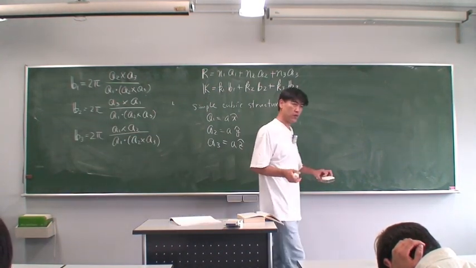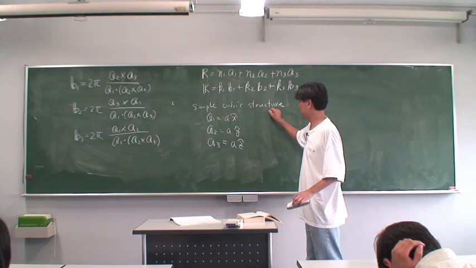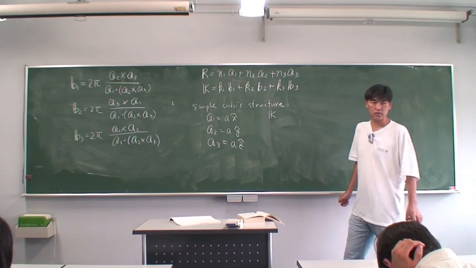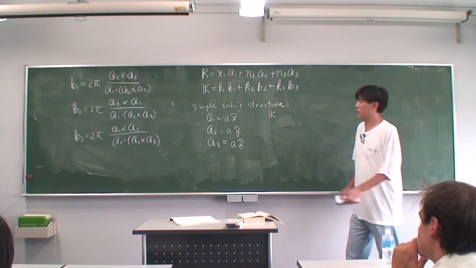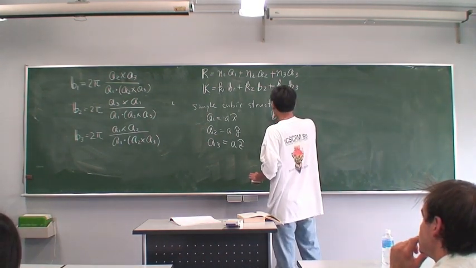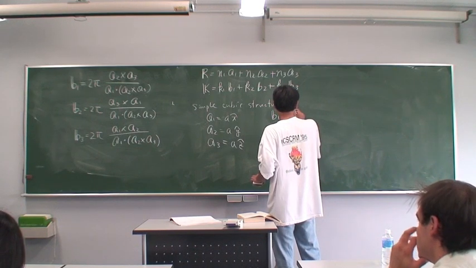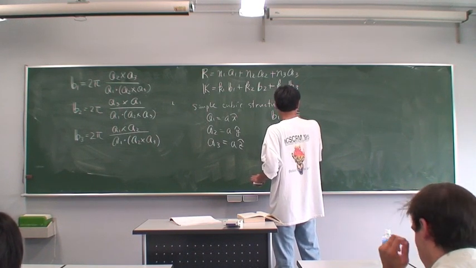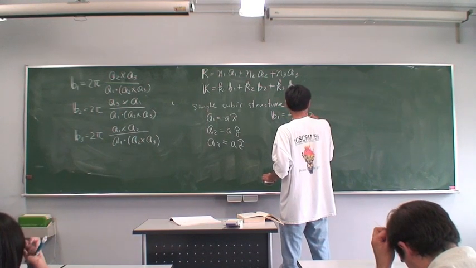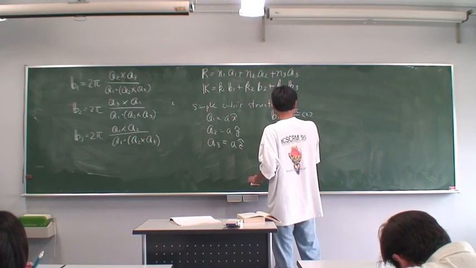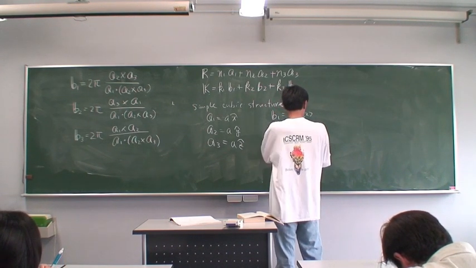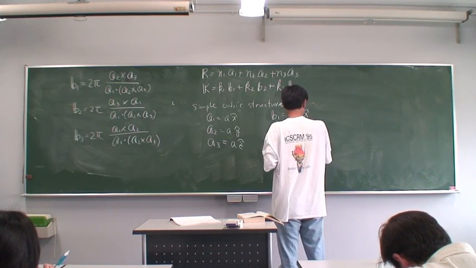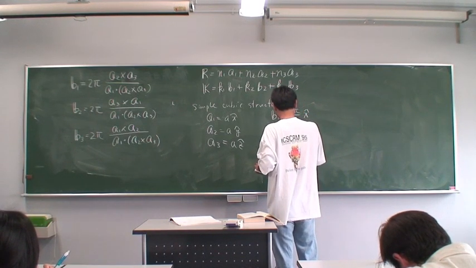We also know already that K, what was K? Something like 2 pi over A, right? So we actually know that B1 equals 2 pi over A x, B2 is 2 pi over A y, sorry, that's x, B3.